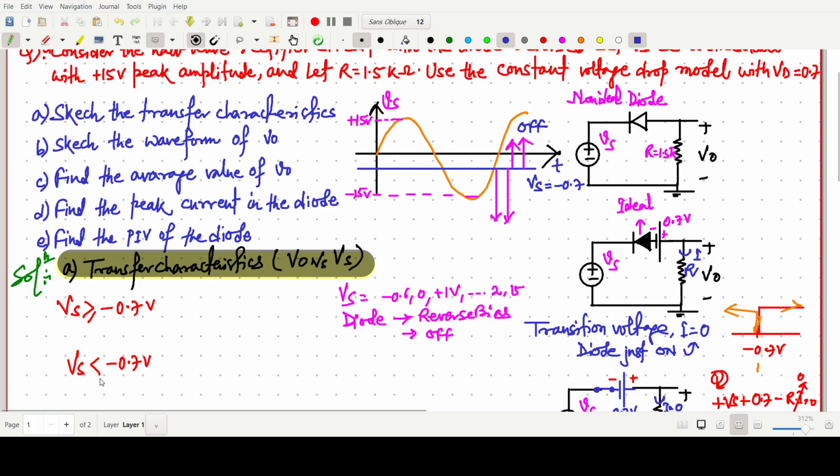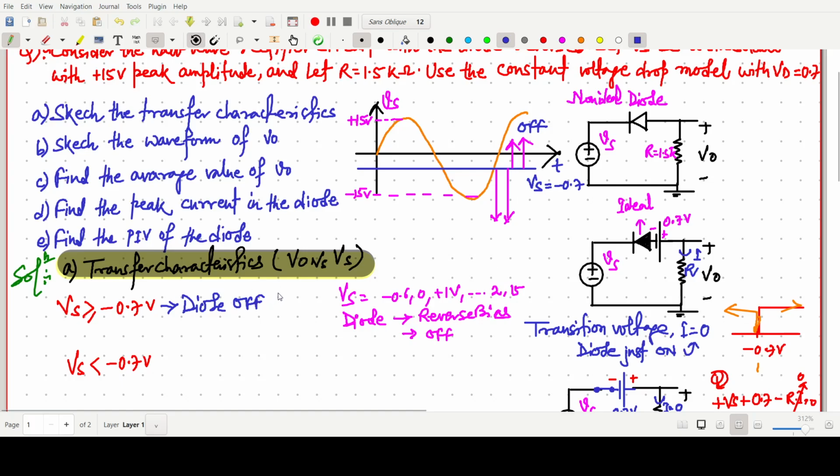And so for Vs greater than or equal to minus 0.7, the diode becomes off. By taking any example, say Vs is plus 1 volt, then this one is minus 0.1. So this value will be much positive, then this one is the cathode, so this is reverse bias.